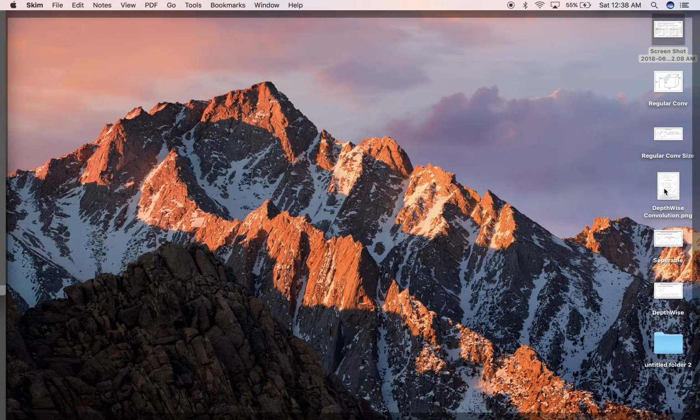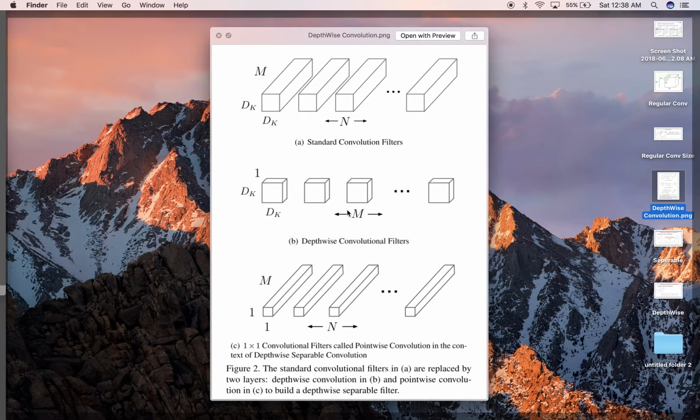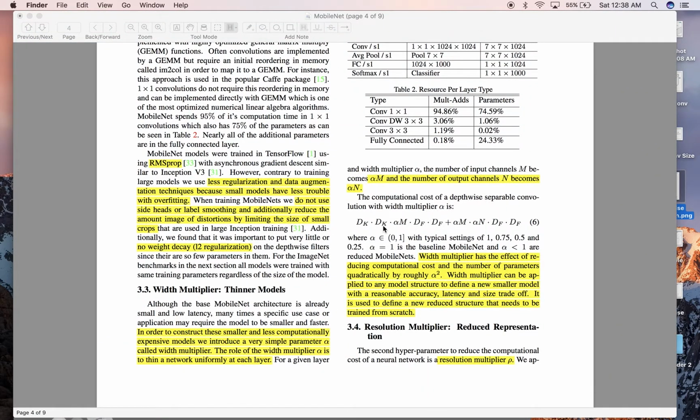So instead of having M channels, he has alpha M, so like half of M or 0.75 M. So the number of channels in the output that this produces decreases, so the model becomes lighter. So this is the number of computations with the alpha.